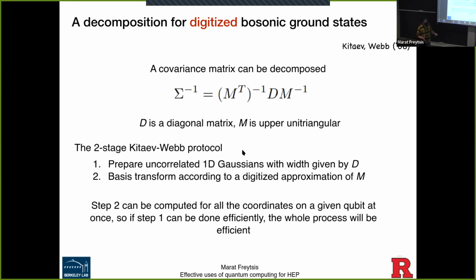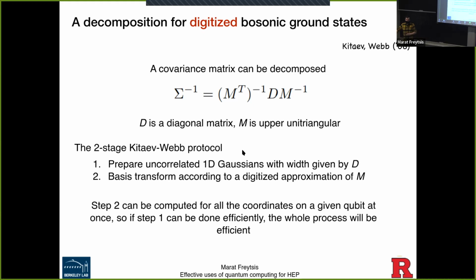These can be decomposed using the LDL decomposition of matrices into setting up a bunch of one-dimensional Gaussian systems, and then applying a skew rotation in order to transform them.